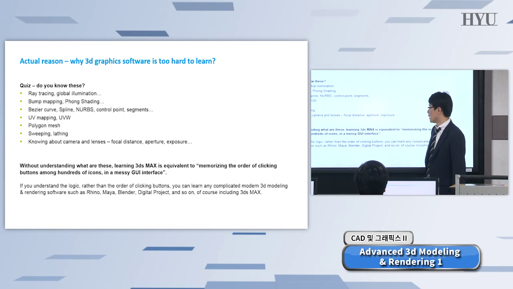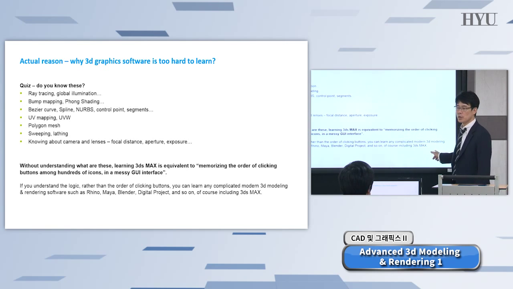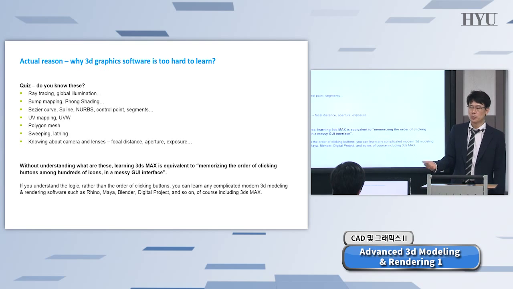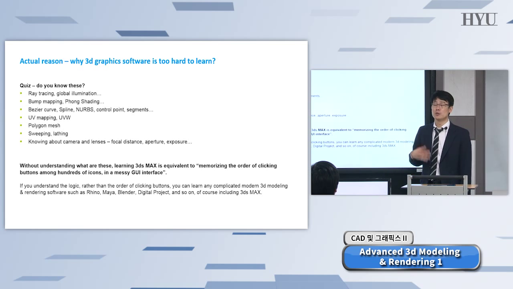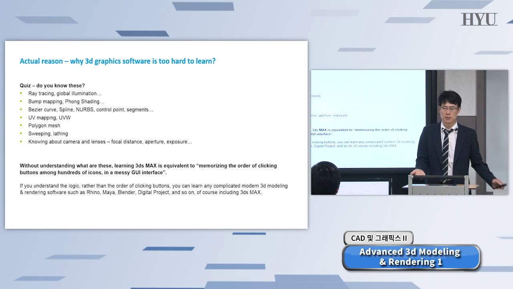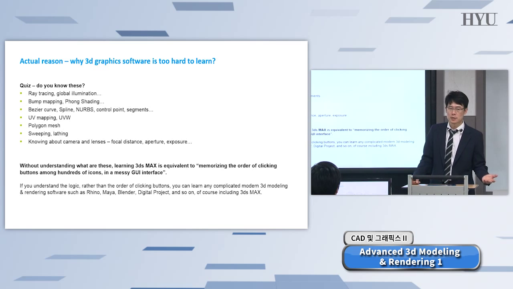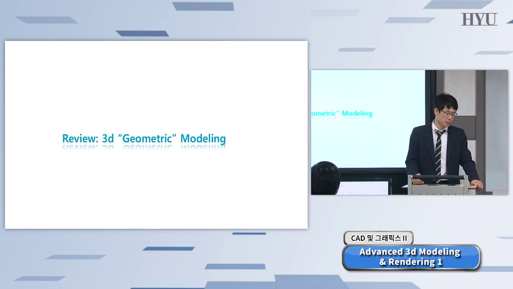So if you understand the logic rather than the order of clicking buttons, you can learn any complicated 3D geometric tools. What you need to do is simply Google it, watch a YouTube tutorial, to get used to the user interface, okay? That's it. And then you can learn in a couple of hours after taking a look at some user interface issues, and then you can do anything else: geometric creation, modification, 3D rendering, photorealistic rendering, and so on.